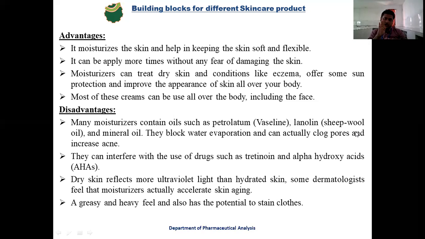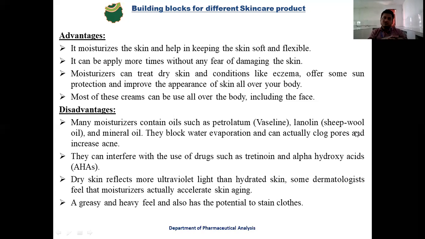But once we apply a cream like moisturizing cream, what does it mean? The moisture or water will still be present in the skin, meaning the skin is hydrated. Once you apply the moisturizing cream, definitely the moisture will be present in more amount in the skin, meaning the skin becomes hydrated.